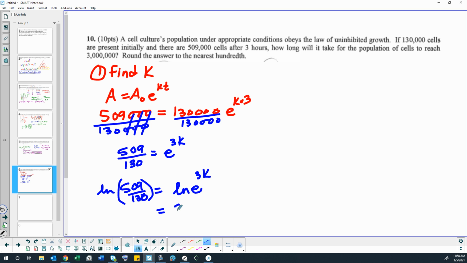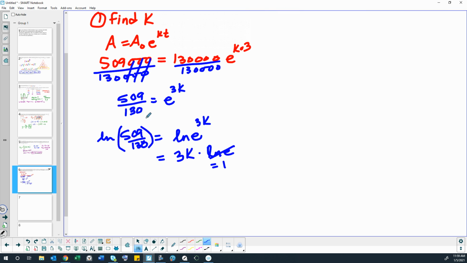So then that gives us 3k times 1, because it's times the natural log of e, and the natural log of e equals 1. So that just gives us 3k equals this thing. So k would equal the natural log of 509 divided by 130, divided by 3. So there's our k value.